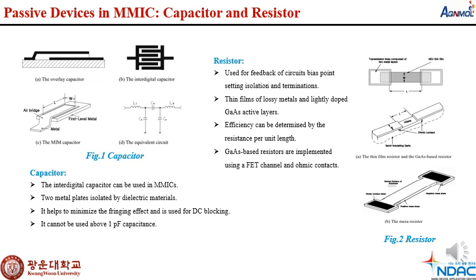The efficiency of this resistor, as determined by the per unit length, is a function of Rs. Gallium arsenide based resistors are implemented by the use of FET channel and ohmic contact, which are already available in the MMIC fabrication process. If a resistor is properly designed to operate below the circuit handling limit and the critical electric field, thermal heating should not be a problem in the resistor case.